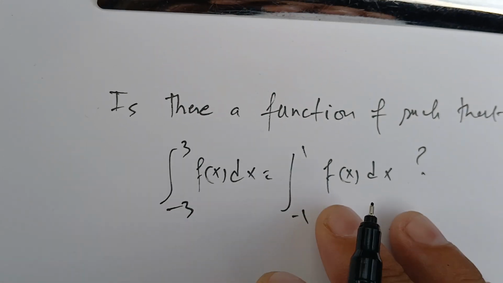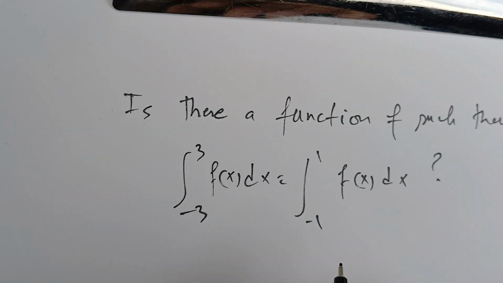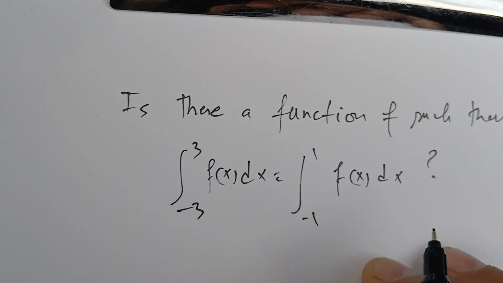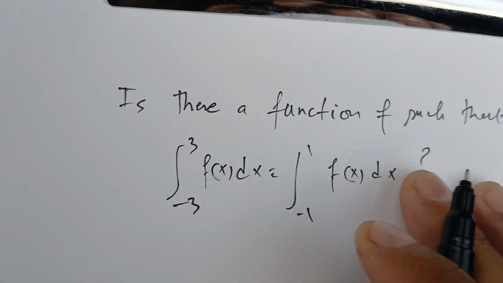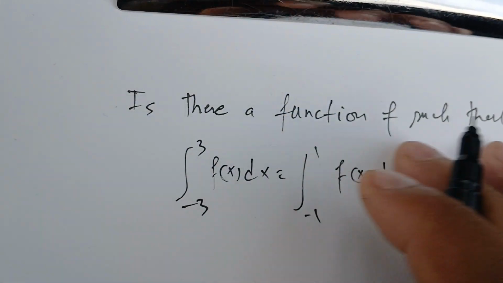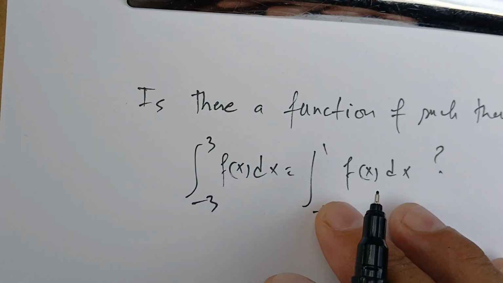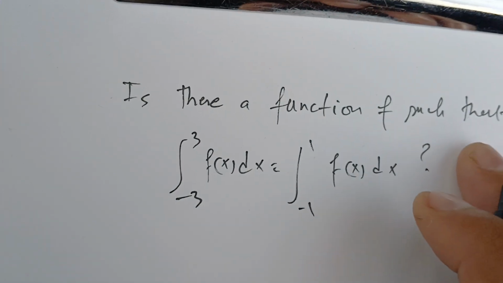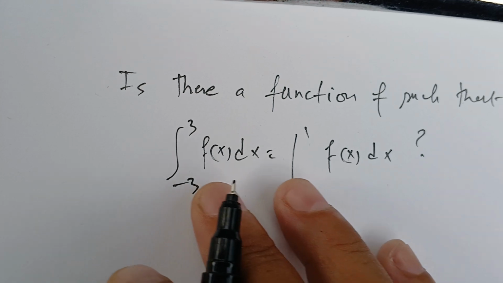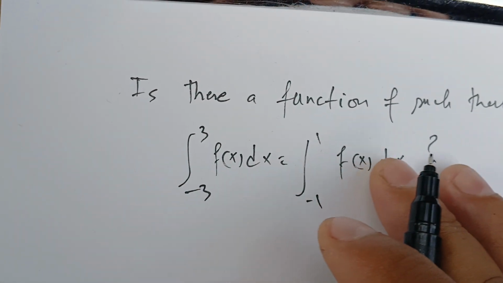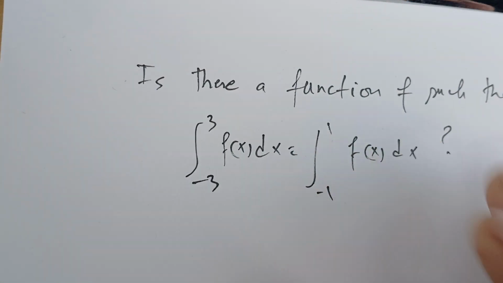This is a question that I can call "read the question carefully." So this question is asking us, is there a function? That means, can you find a function f that would satisfy these two conditions?